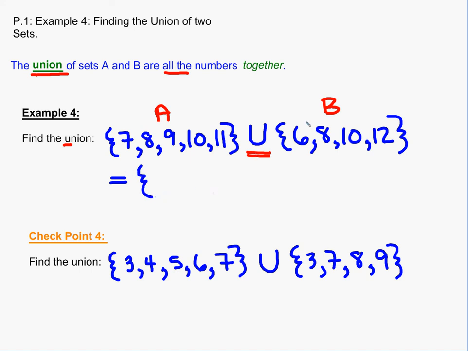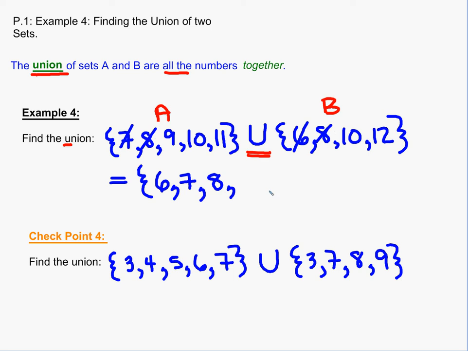So I'm going to use hash marks to make sure that I include all the numbers, and I'm starting with the smallest, which happens to be the 6 in set B. So 6 starts my answer set, and then the next number is 7 from set A. 8 is in both sets, but I only write it down once.